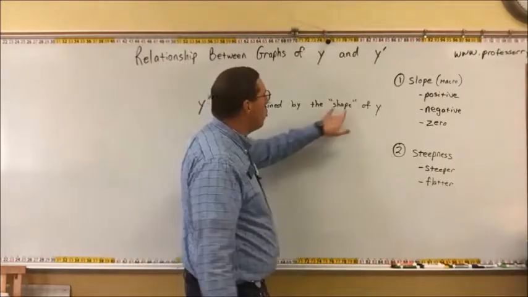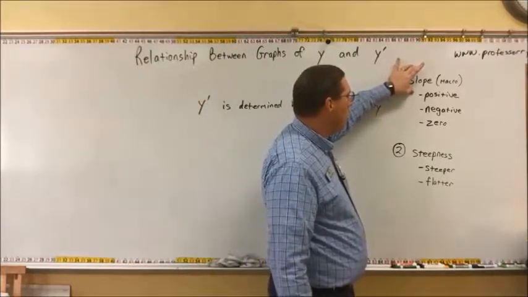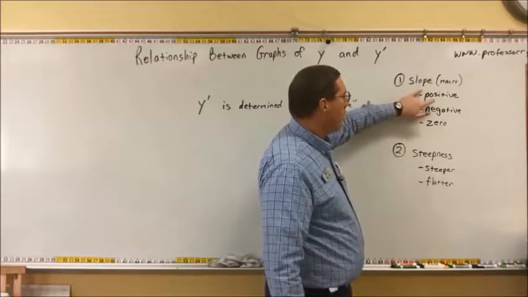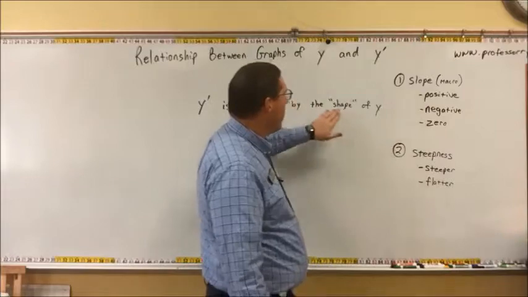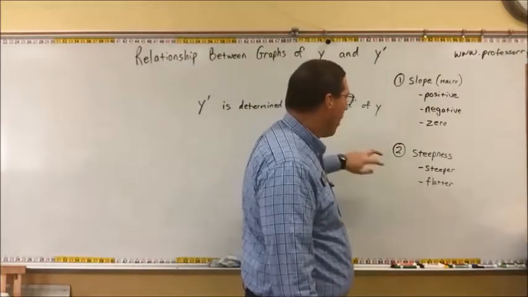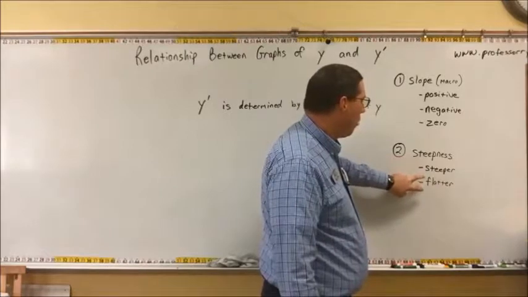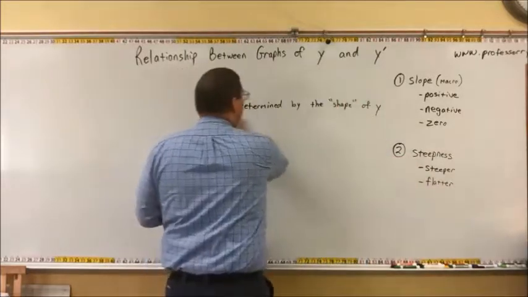So we have 2 qualities of shape. We have the macro slope, whether the shape of the graph has a positive slope, a negative slope, or a 0 slope. And then the other quality of shape is whether the shape of the graph is steeper or flatter. Okay? And so here's what we're going to have.